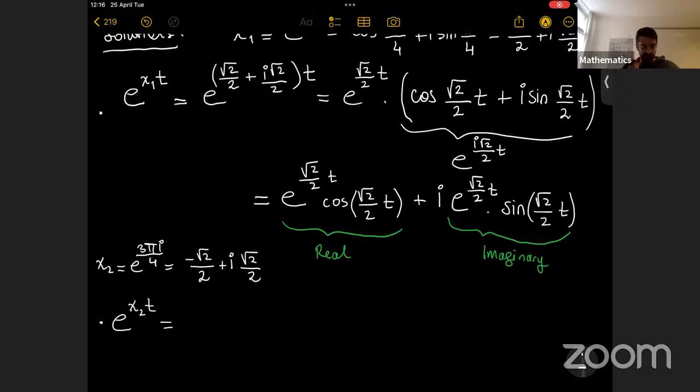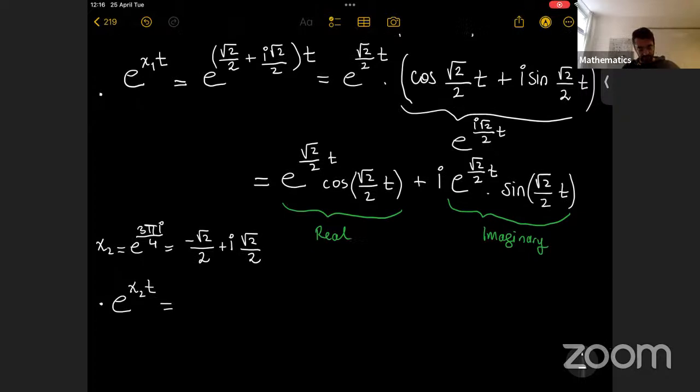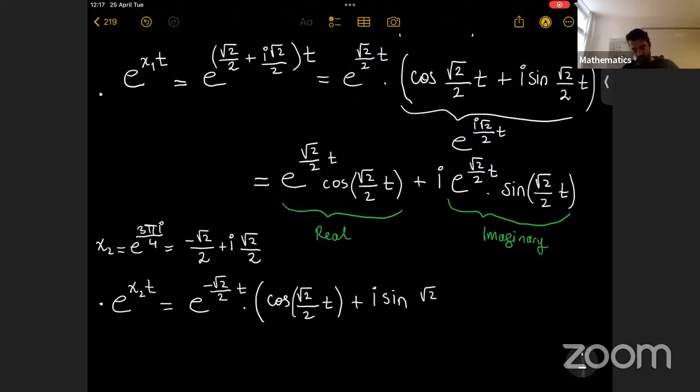Okay, so this is lambda 2, and e to the lambda 2 t is e to the minus root 2 over 2 t times cosine root 2 over 2 t plus i times sine root 2 over 2 t, like in the previous case.